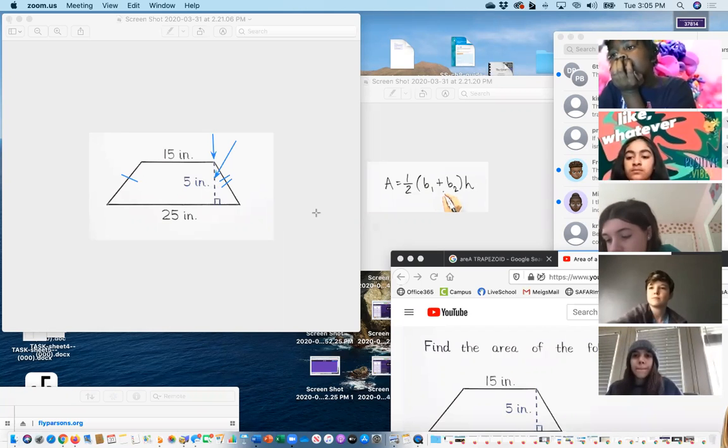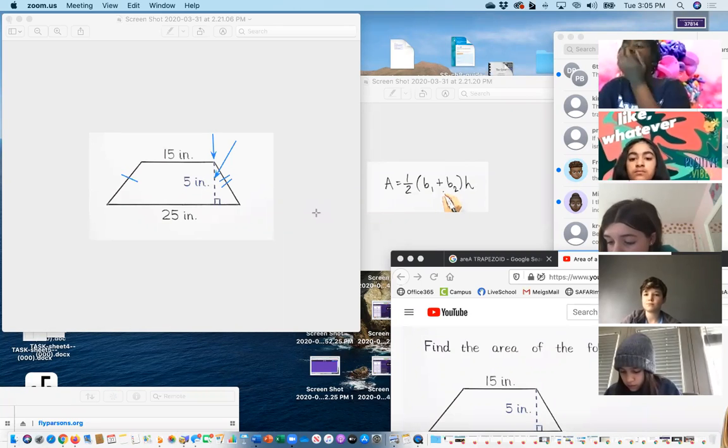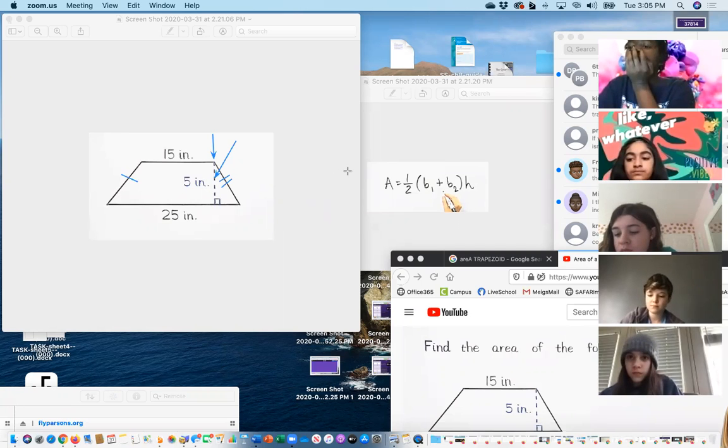So those two lines are not the same. So that would not make a rectangle. Okay. Does everybody follow that? Yes. Okay. Now, true, if the left side and the right side were the same, it would make a rectangle and you'd be all good. But in this one, it doesn't.